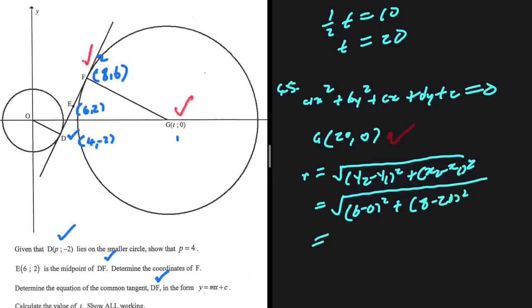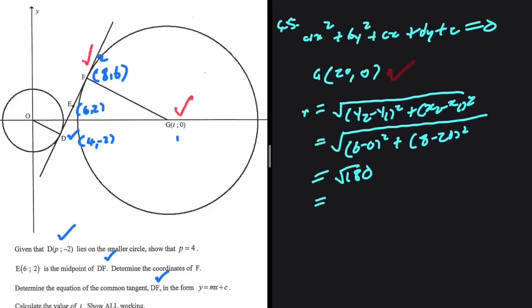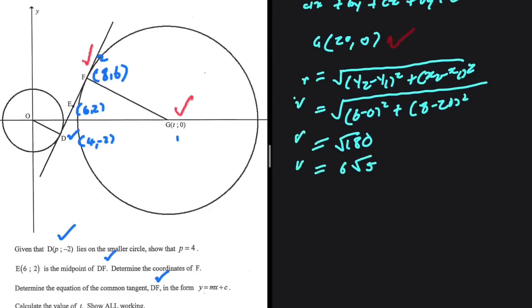Okay, so 6 squared 36, and then minus 12 squared 144, 144 plus 36 is 180. So I have square root of 180. Can I further simplify that? Let me put it in my calculator. Okay, if I further simplify it, I get 6 square root of 5 as r. So that's my value of r.